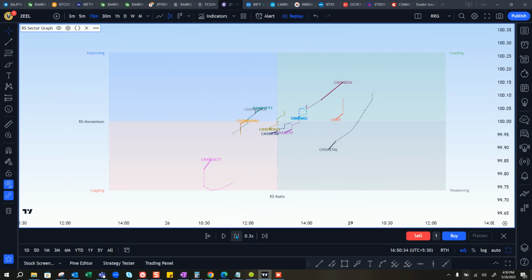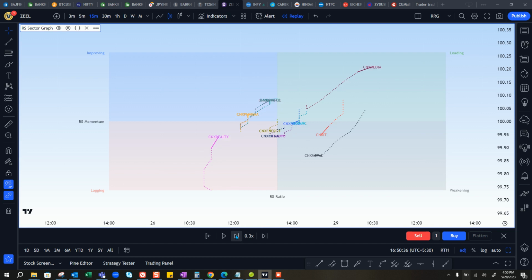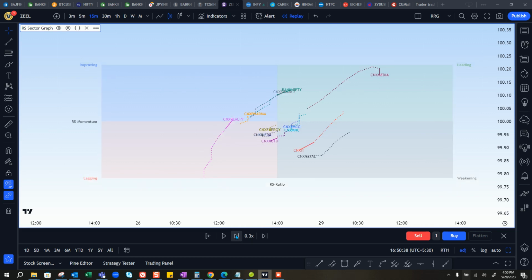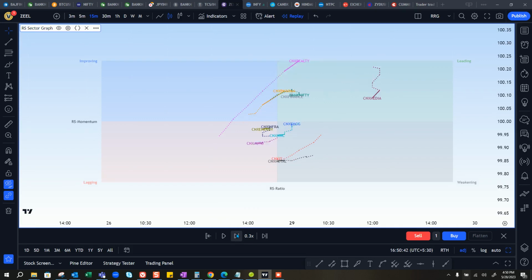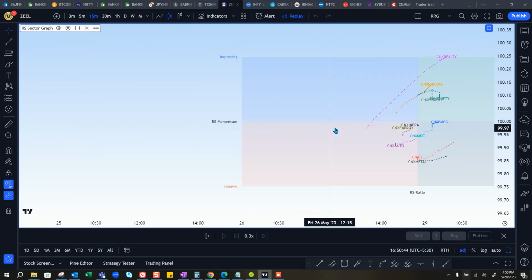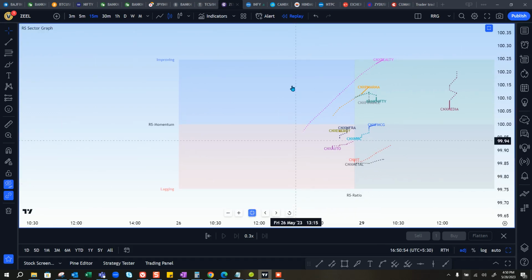I think Zee Entertainment was moving on Friday, so we can check that as well. And then Bank Nifty and financials came in. That's how the Friday market was. But in the morning, we found that IT and metals are the area, and then media came in.